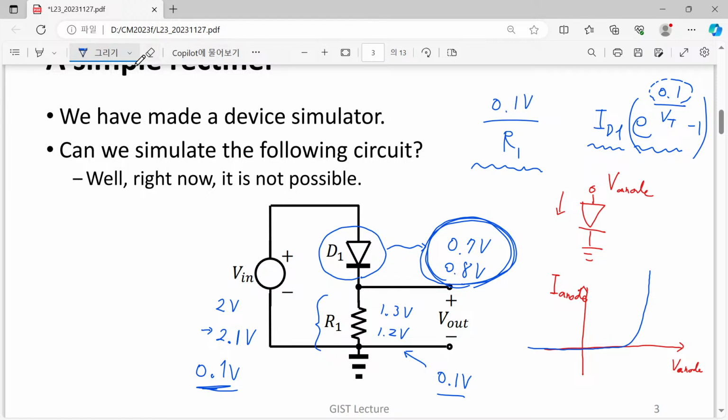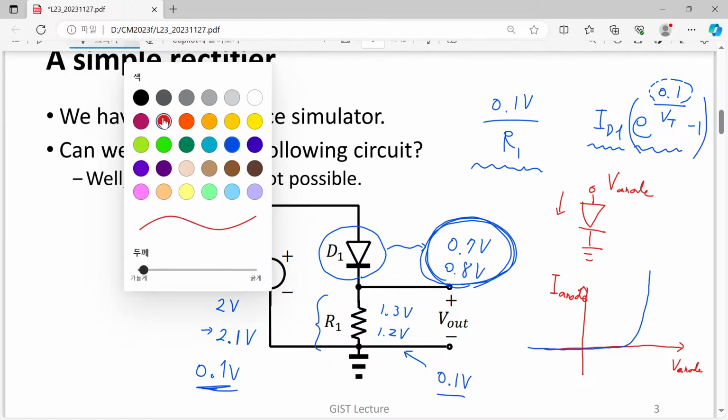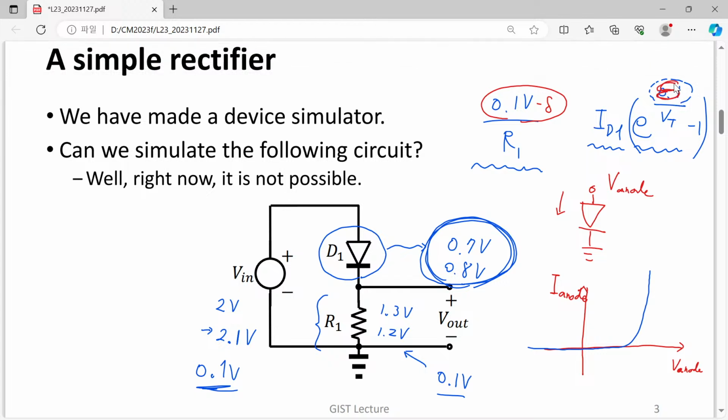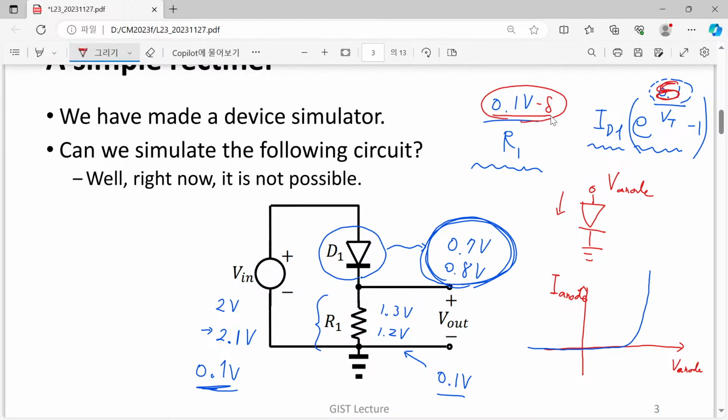So what we have in reality is only a small voltage change applied to our diode, and all of the remaining voltage is applied to the resistor.